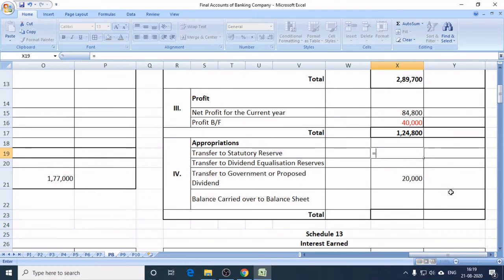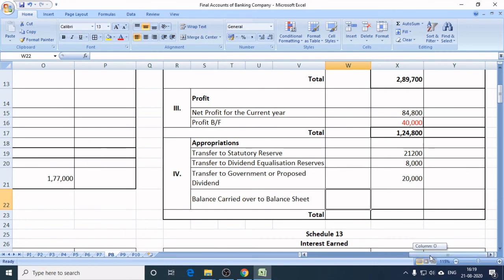So let's first transfer 25% of current year profit, that is 84,800, to statutory reserve. So that balance is 21,200. So out of 84,800 we will transfer 21,200 to statutory reserve. Then we will transfer 8,000 to dividend equalization reserve.